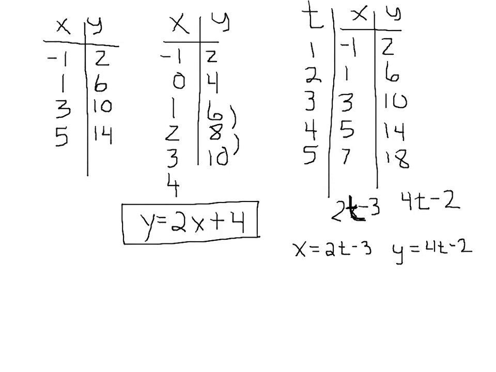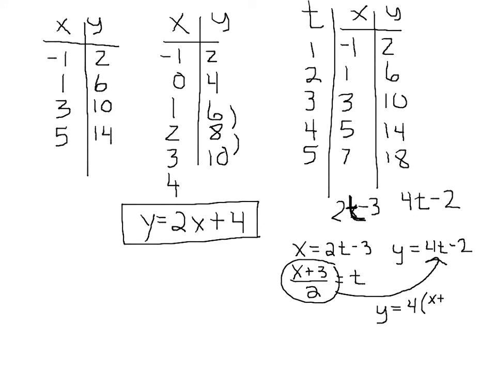And if I solve one of them for t, so like solve this, so (x plus 3) divided by 2 equals t. And then I take the (x plus 3) divided by 2 and substitute it in for t in the other equation. I get y equals 4 times (x plus 3) divided by 2 minus 2, which is 2x plus 6 minus 2, which is, voila, 2x plus 4.